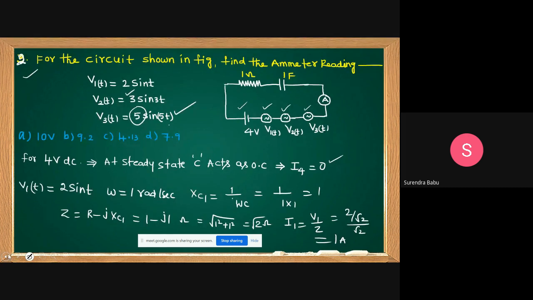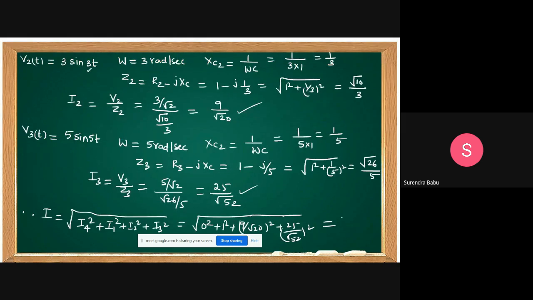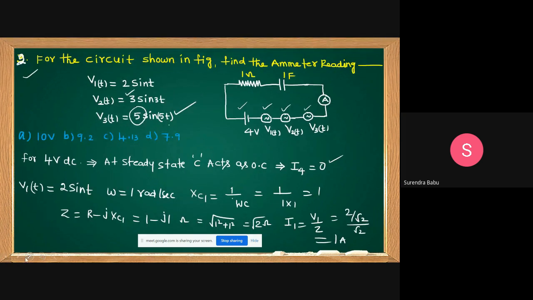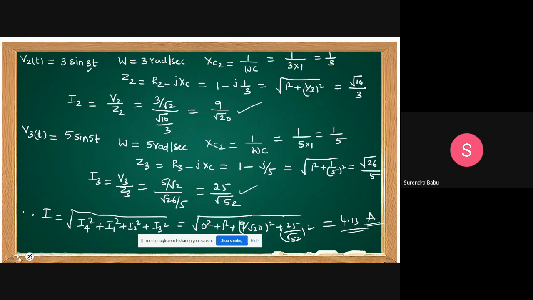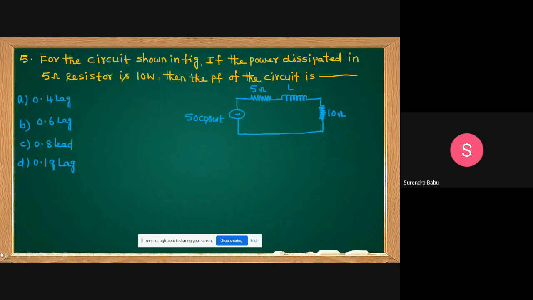Is it correct? Approximately equal to 4.13 amperes. Please check this calculation once again. Are you getting it or not? The calculation is in our hand. We are getting 4.13 amperes. Check this calculation once again, students. If there is any mistake in the calculation, please correct it. I got 4.13 amperes. Did all of you get that?